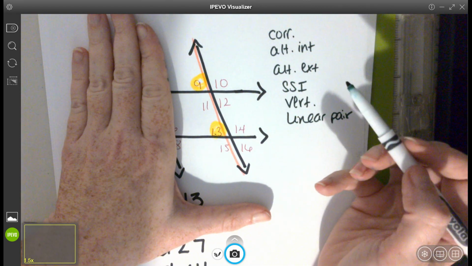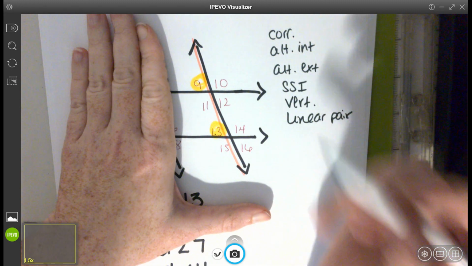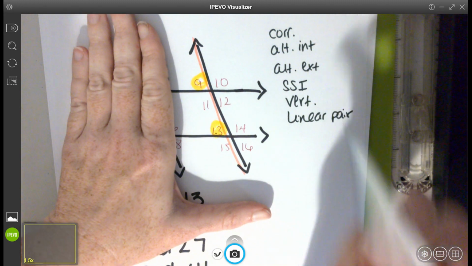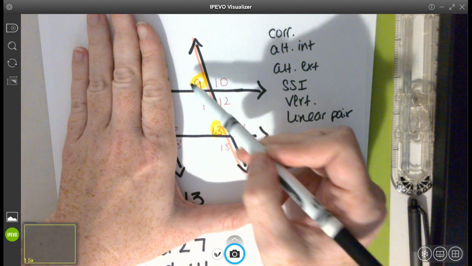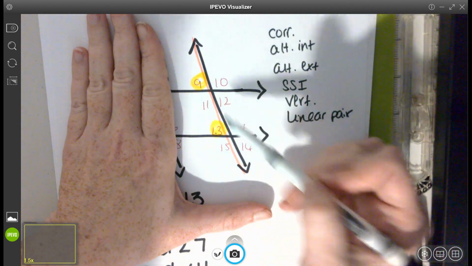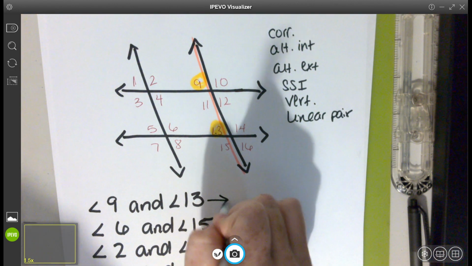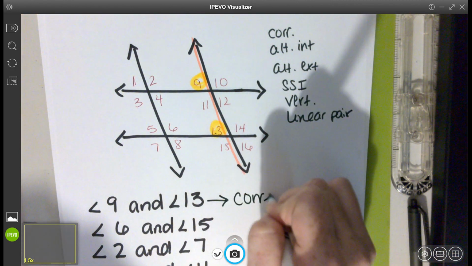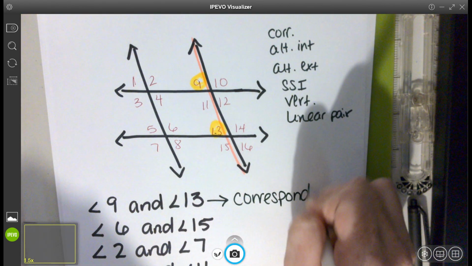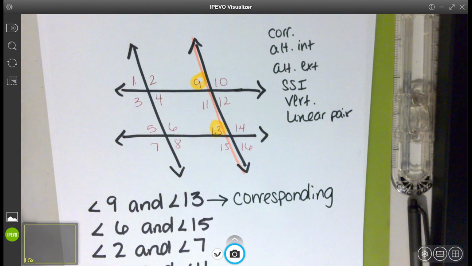It can't be alternate interior, and it can't be alternate exterior. So I'm looking at linear pair or corresponding. Going back to corresponding, same seat, different car, they're both in that driver position. So this first example is corresponding. So again, I'm using process of elimination to figure out the angle relationship.